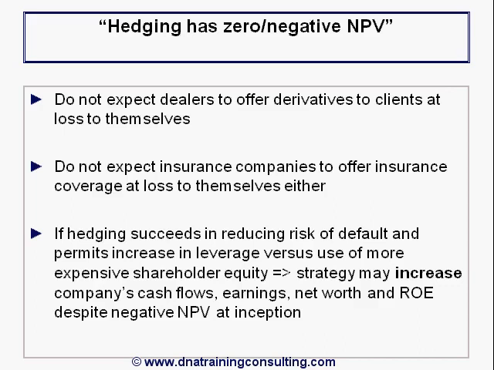If hedging succeeds in reducing the risk of default and permits an increase in leverage versus the use of more expensive shareholder equity, then in aggregate the strategy may in fact increase the company's cash flows, earnings, net worth, and return on equity in many instances, despite the negative NPV of the instrument itself at inception.